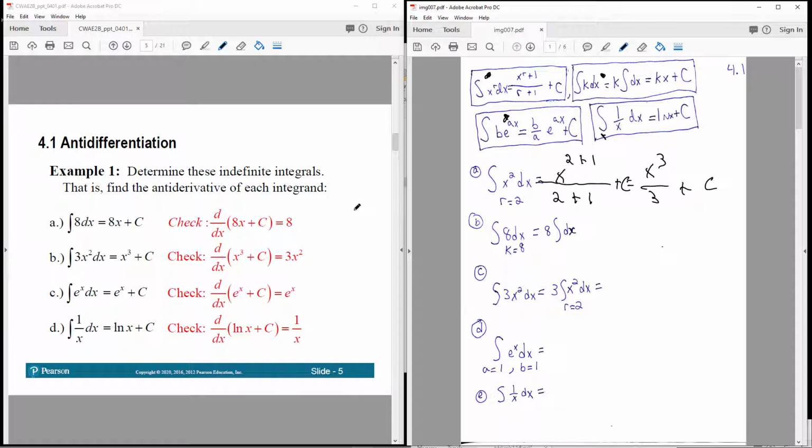The next one we have here is 8x. The first thing I do is factor out the constant. Then I integrate it. In this case, k is equal to 8. So I'm going to have 8x plus c for my answer, coming from right here.